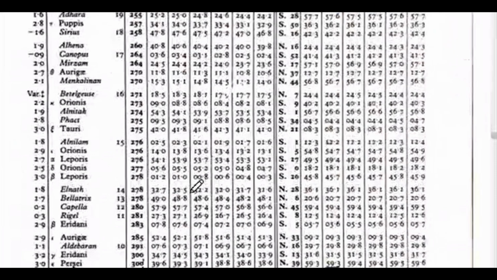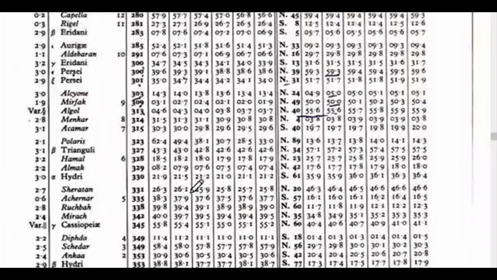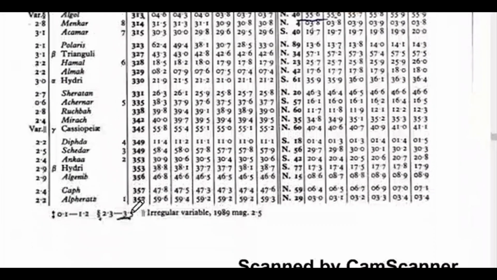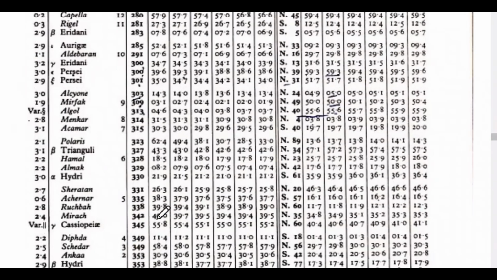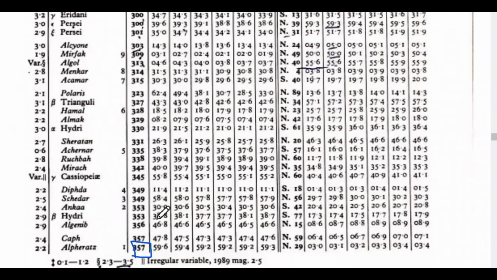And you can see the SHA going from 000 to 360. This is the last star here in the table, Alpheratz, with a SHA of 357. So it gives you a list of all the possible stars which could be visible to you and which you could use for the purpose of sight taking.